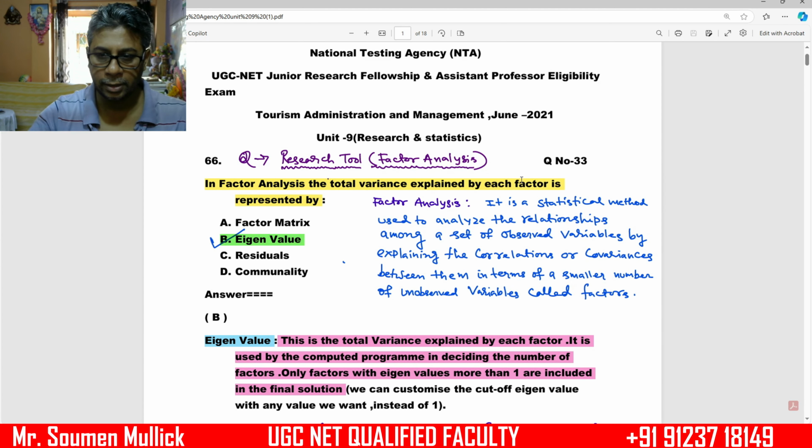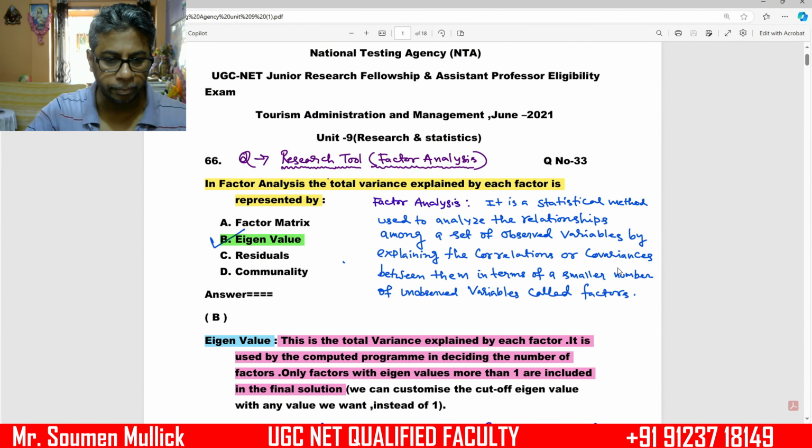Factor analysis is a statistical method used to analyze the relationship among a set of observed variables by explaining the correlation or covariance between them in terms of a smaller number of unobserved variables called factors.